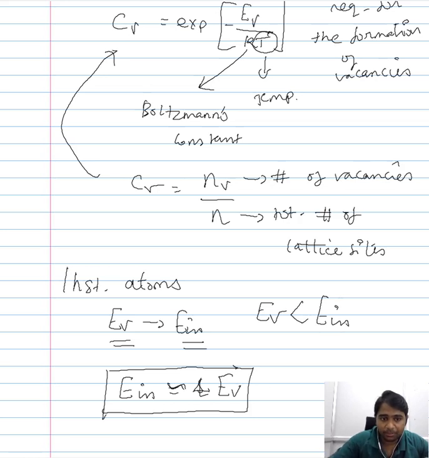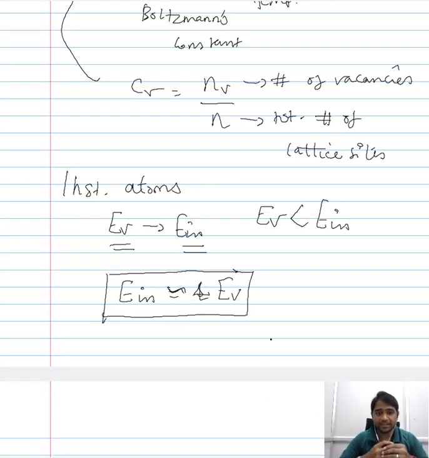And if you want to quantify the difference between the energy required for the formation of vacancies and the energy required for the formation of interstitial atom, it is this relation: the energy required for the formation of interstitial atoms is close to that of 4 times the energy required for the formation of vacancies.